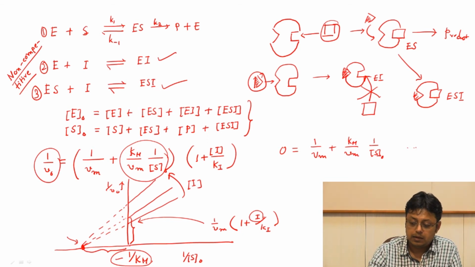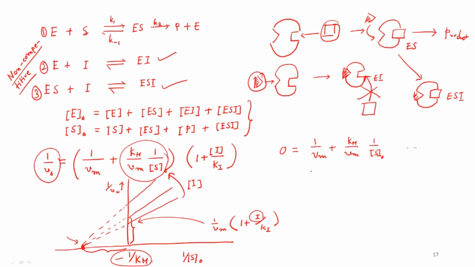So by looking at the curve, if we just plot the Lineweaver-Burk plot and ask how it looks as we vary the enzyme inhibitor concentration, if it looks like this versus if it looks like this, then we can readily figure out what is the nature of the competition. So this will be the competitive inhibition pathway, and this will be the non-competitive inhibition pathway.